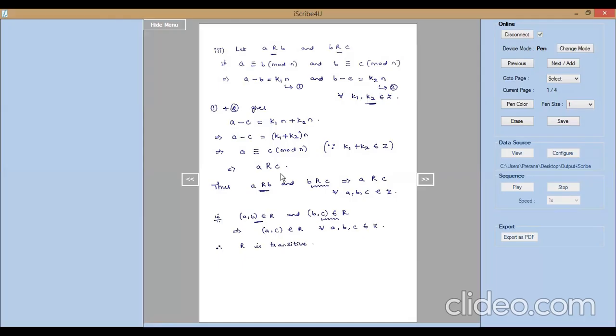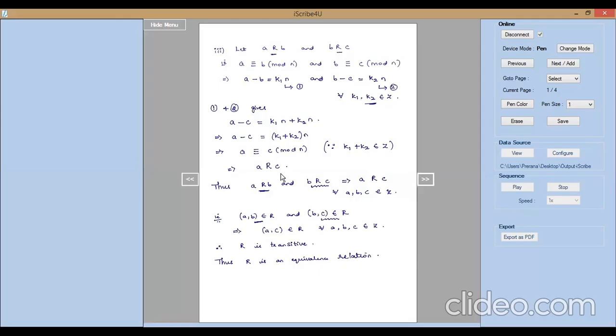So we have proved that R is symmetric, reflexive and transitive. Hence we can conclude R is an equivalence relation. So what was our R here? We took the relation R as based on the congruency modulo n.